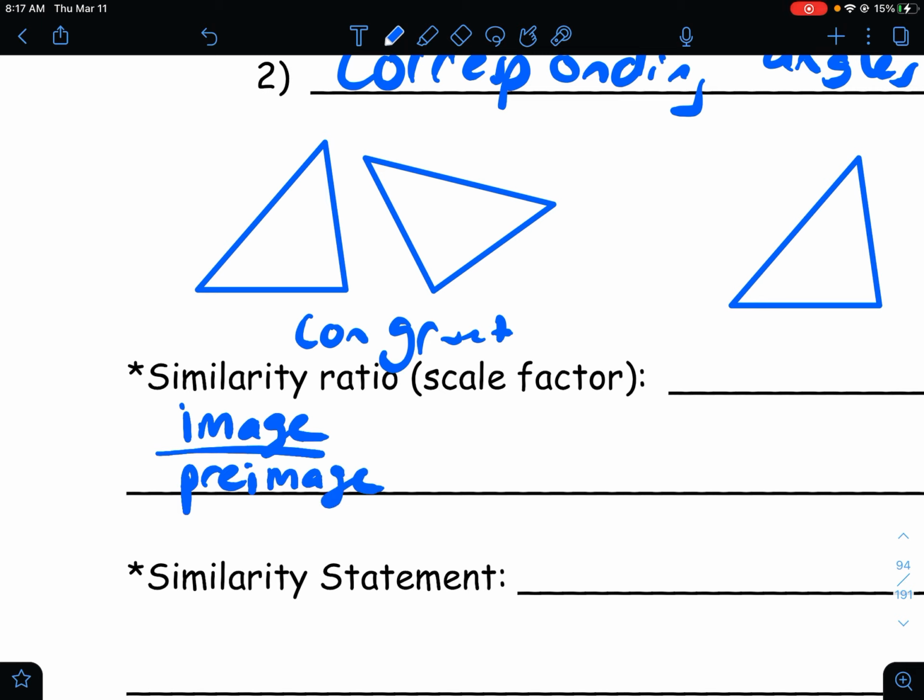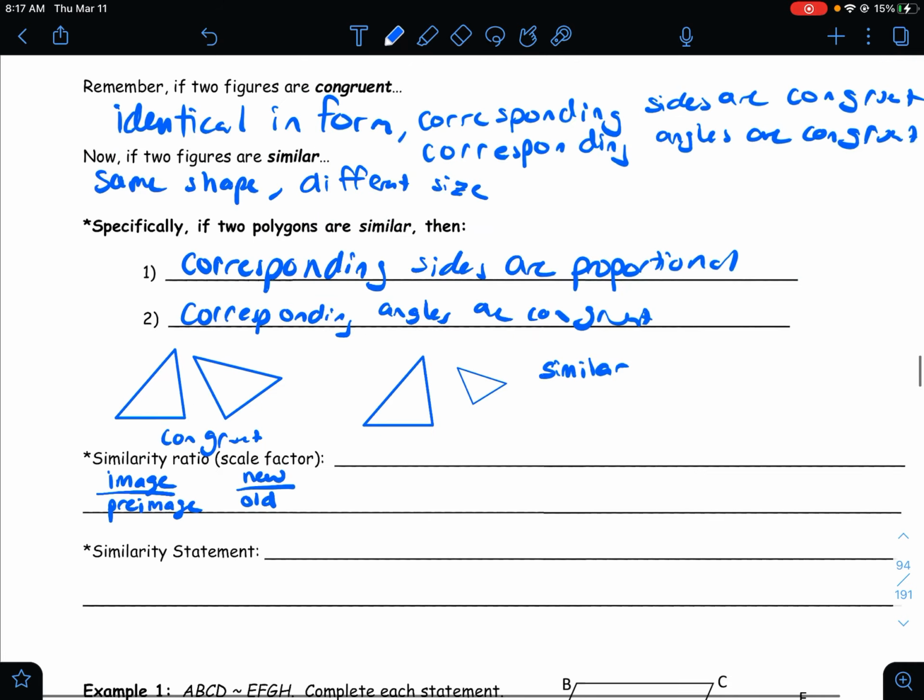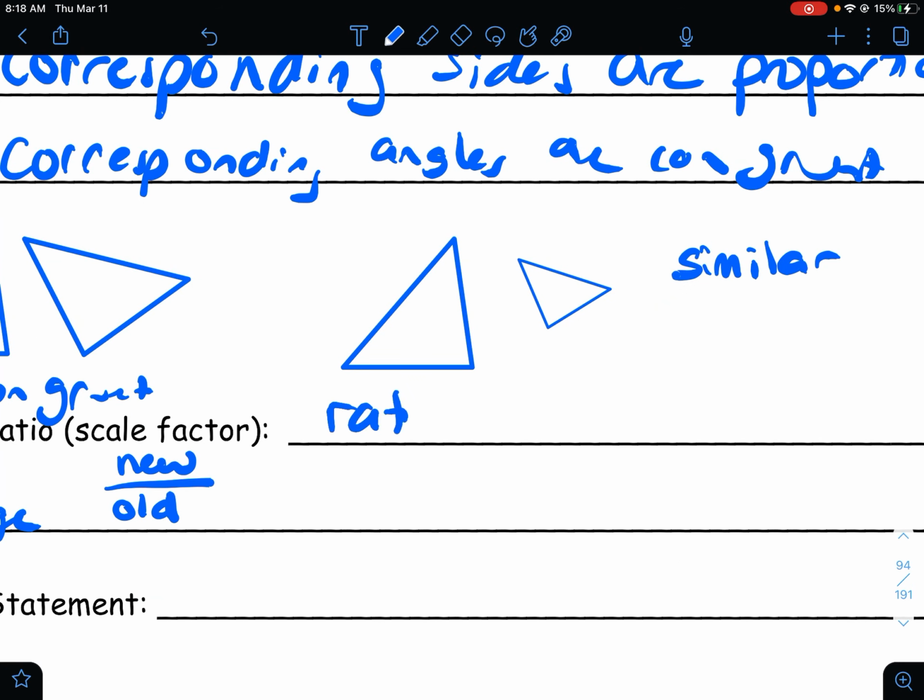What tends to make more sense to students is the size of your new over your old image. And the similarity ratio shows you the ratio from pre-image to image.